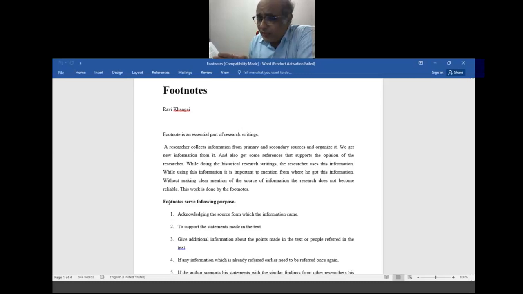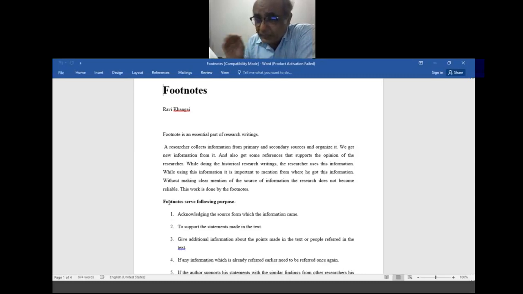If that information has come in detail already in the previous pages, you can just give a footnote 1, 2, 3, 4, and at the end you give an explanation: refer to page number. Suppose this is page number 68, refer to page number 46. So anybody who reads your book or your thesis will understand that this detailed information about Safdarjung receiving help from the Marathas has already come in the previous chapter.